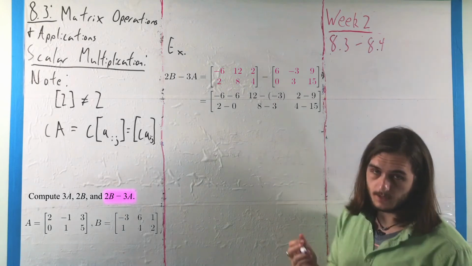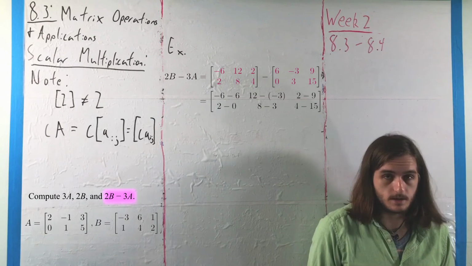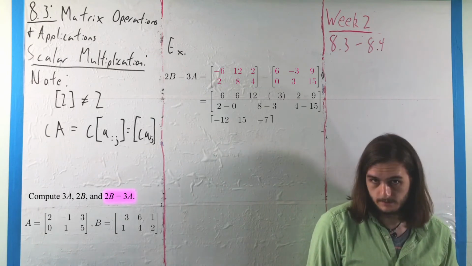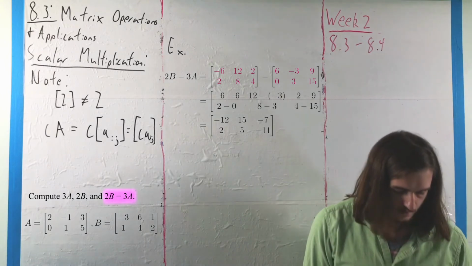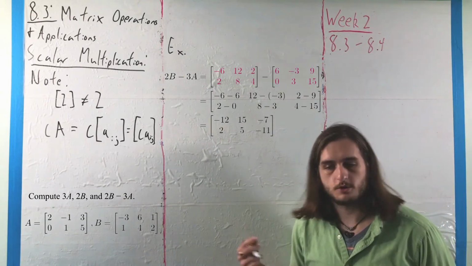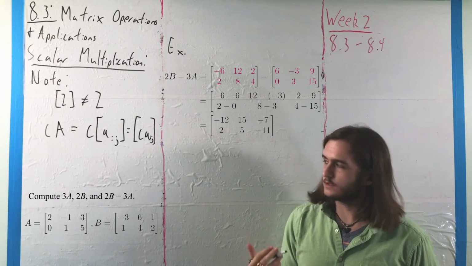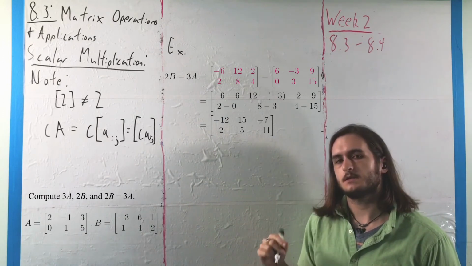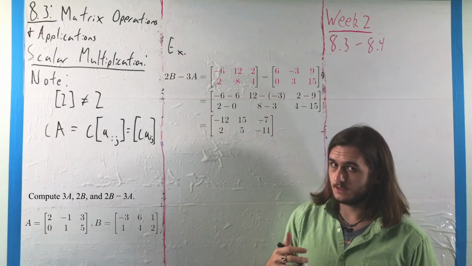For a 2 by 3 matrix, a matrix of order 2 by 3, just like what we started with, but it will have the form [-12, 15, -7; 2, 5, -11], where again, all we're doing is taking our pieces and going through carefully one at a time. Each of these operations works in very much the same way, piece by piece. Just be careful with that basic arithmetic.